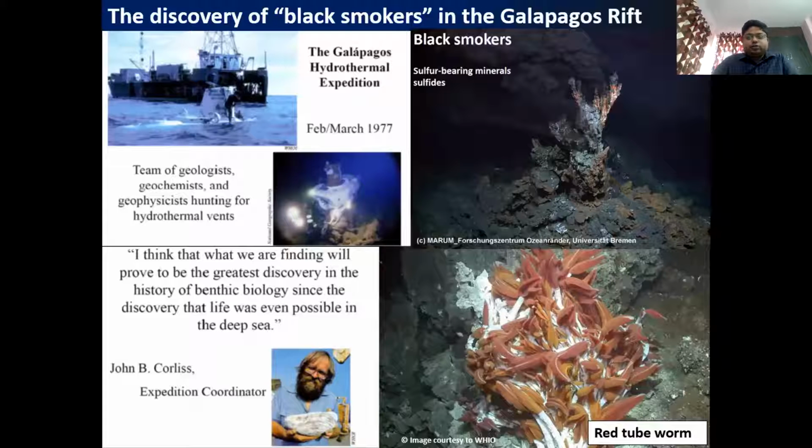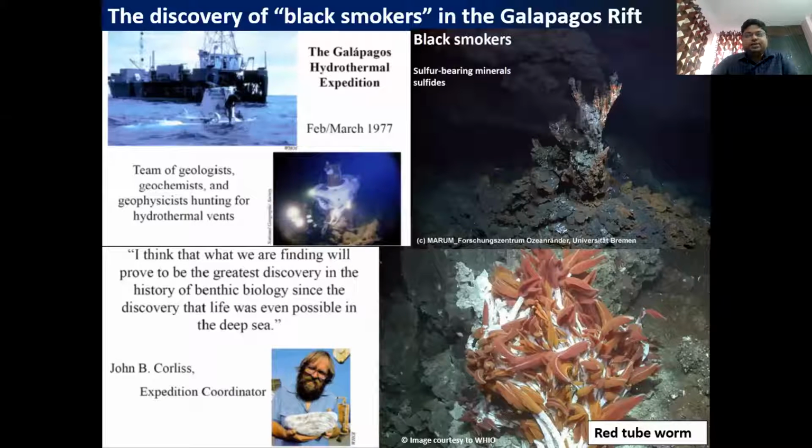And then through time, we made a great discovery, and here comes the role of the geologist. In 1977, there was a huge ocean floor expedition going on, which was initiated because of the Second World War, but it has a great number of scientific benefits too.